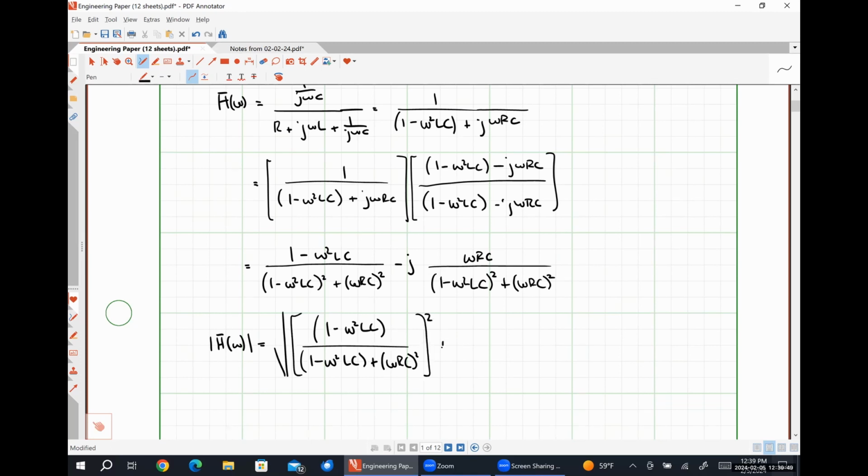Square this whole thing. And then omega RC over that same denominator. Sorry, there should have been a squared right there. My apologies.